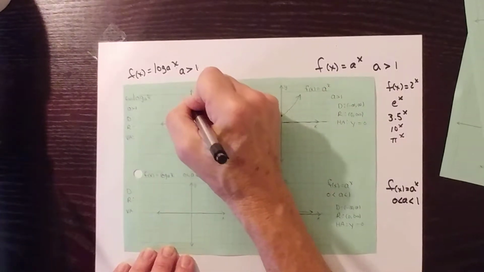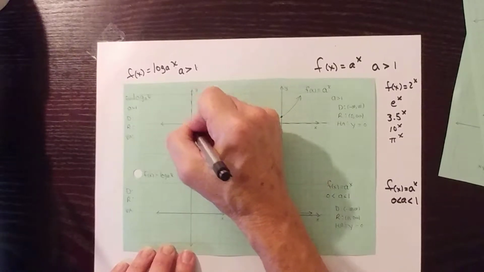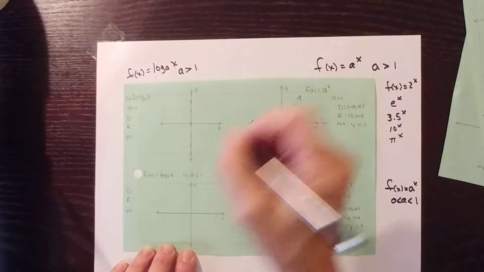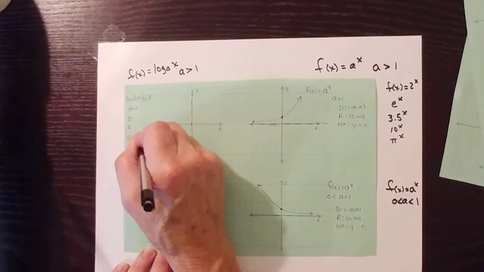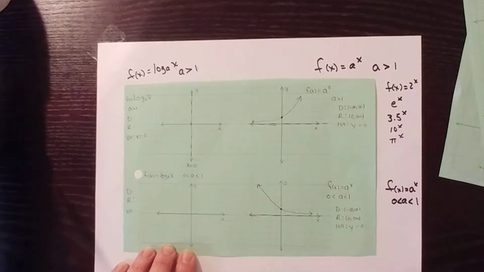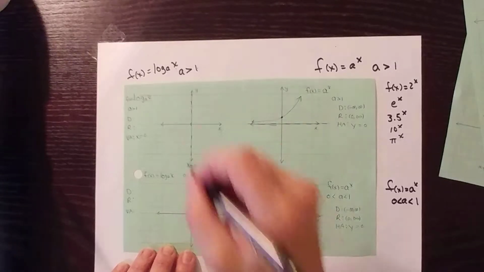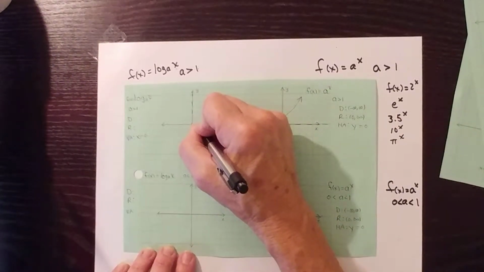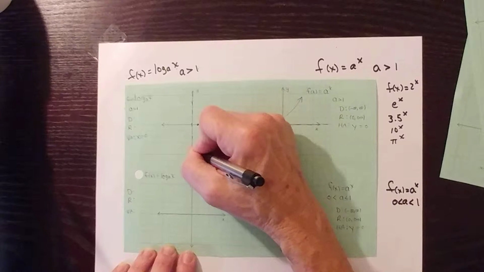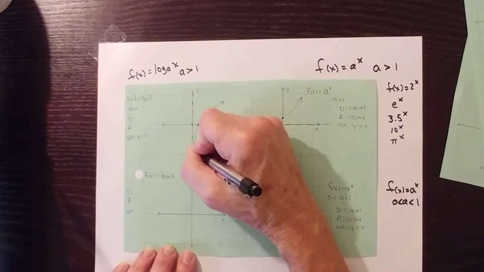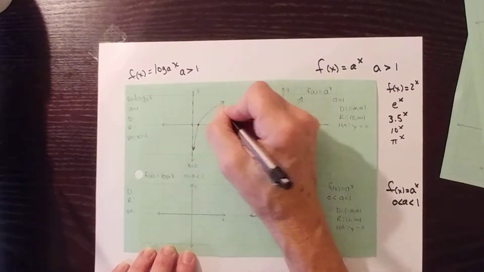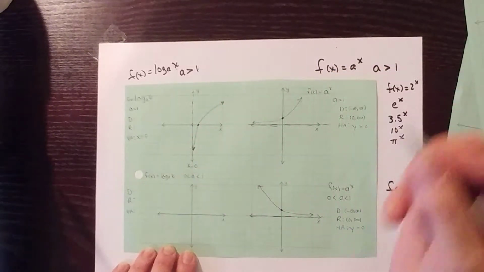It has a vertical asymptote along the y-axis. So x equals 0 is the equation of the vertical asymptote here. Instead of having a y-intercept like the exponential function, it has an x-intercept right here at (1, 0). And so it hugs the y-axis, and then it goes like this. That's the basic look and shape of a logarithmic function where the base is bigger than 1.